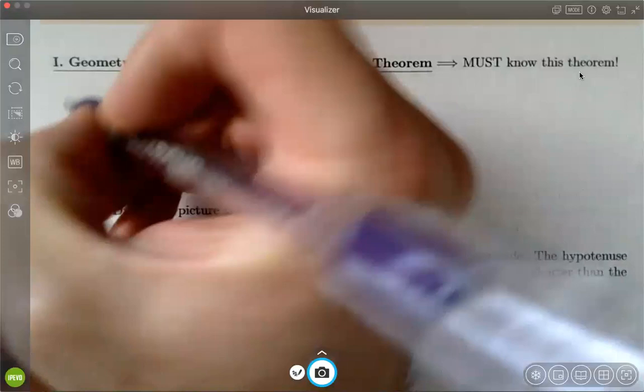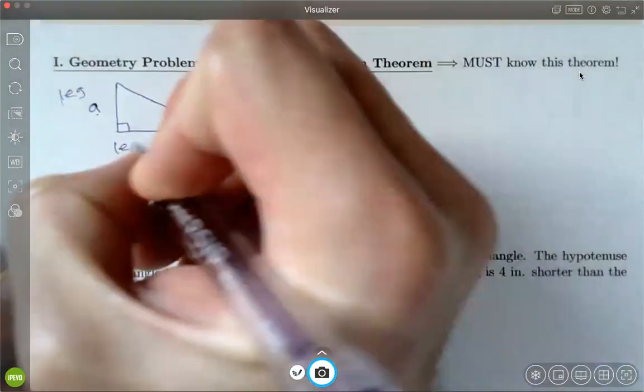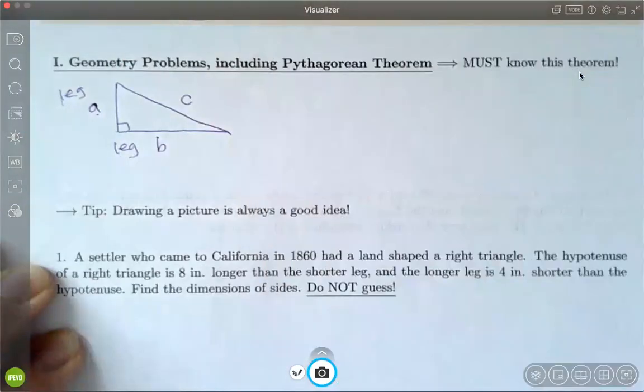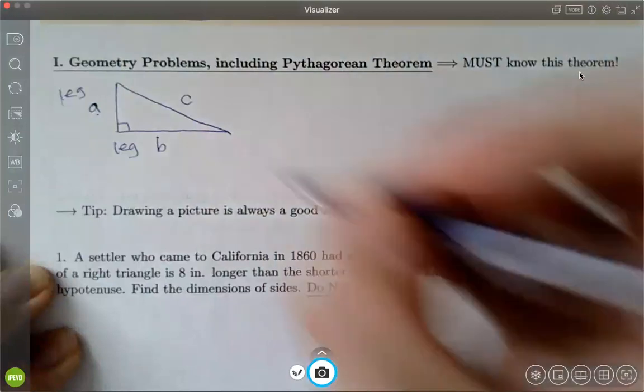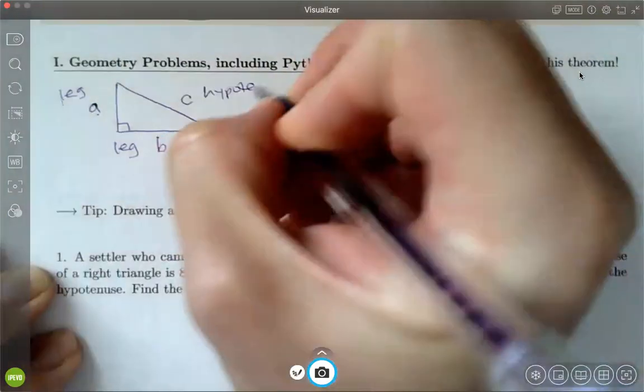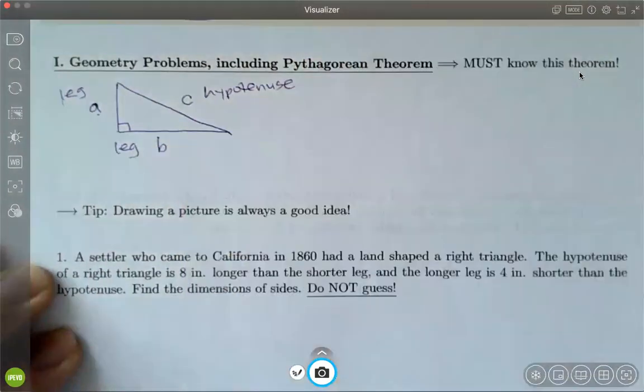Now, what's the name of this C? Hypotenuse, yes. Now, what is the statement in terms of A, B, and C? What's the formula?